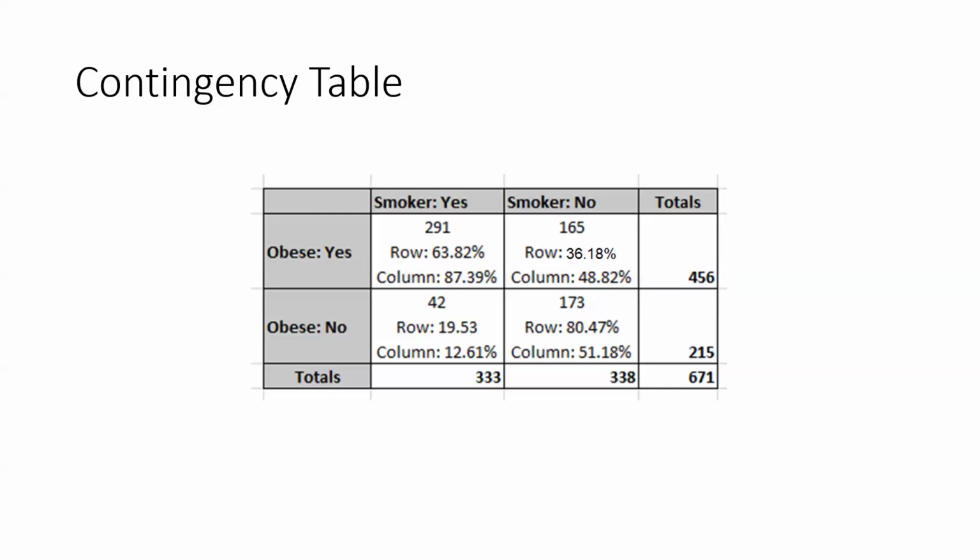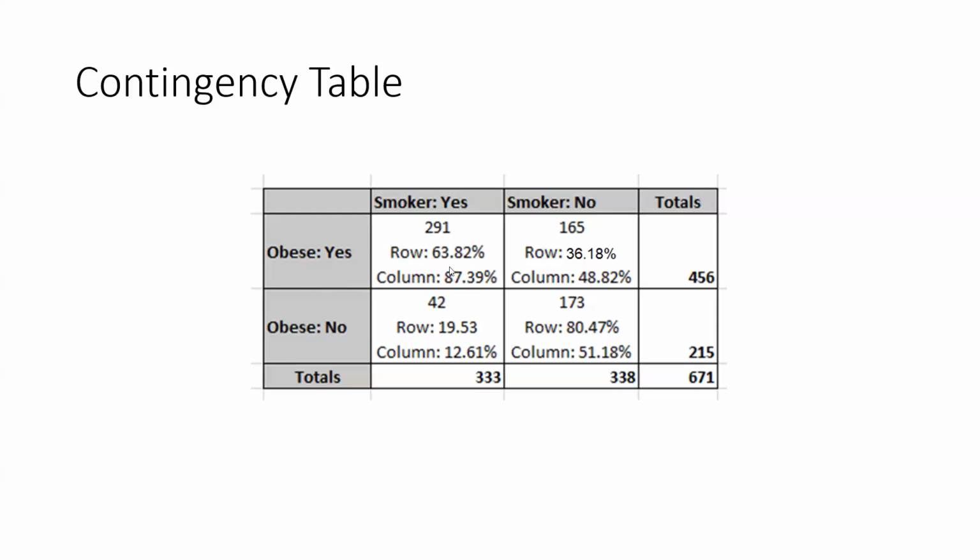Now let's take a look at these column percentages. So this column percentage is 87.39%. That is indicating that 87.39% of smokers are obese.